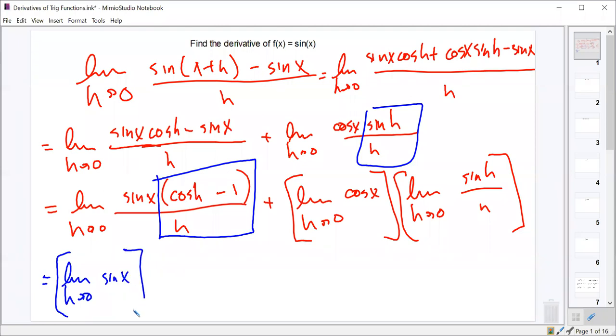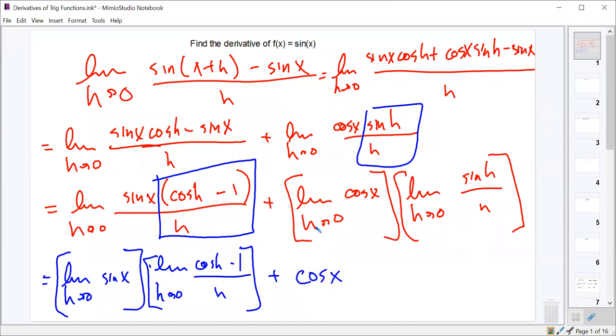What's the limit as h approaches 0 of cosine h minus 1 over h? We should know this one. Should be 0.